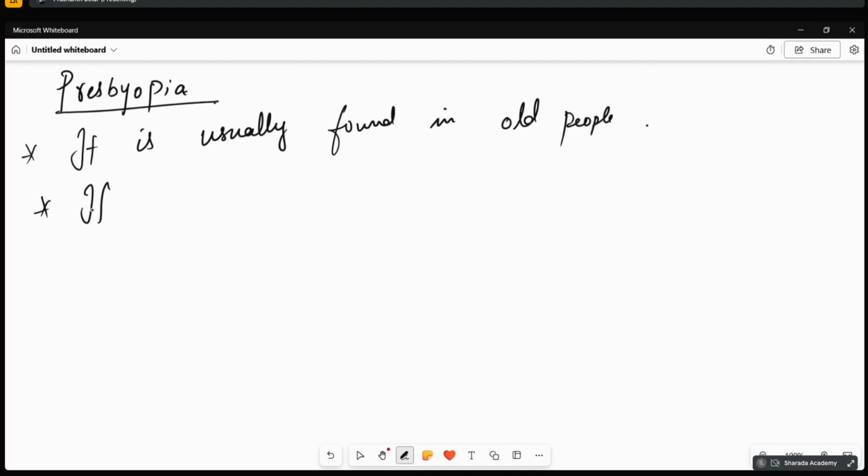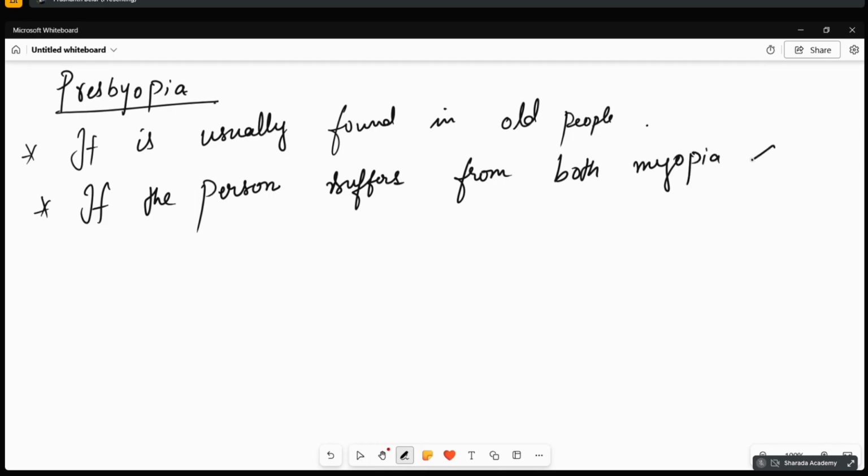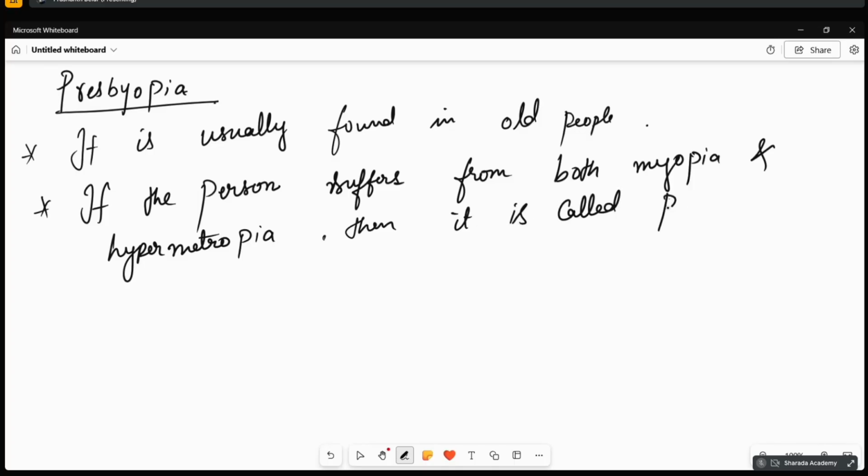What is presbyopia? If a person suffers from both myopia and hypermetropia, then it is called presbyopia.